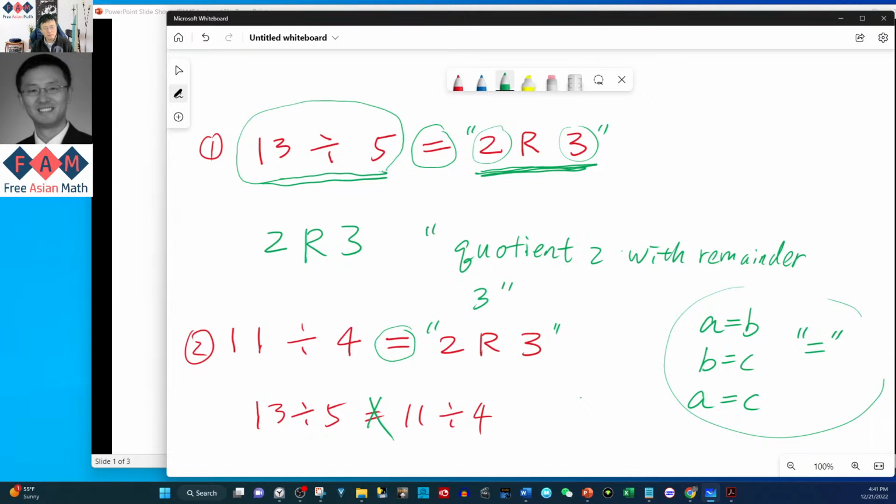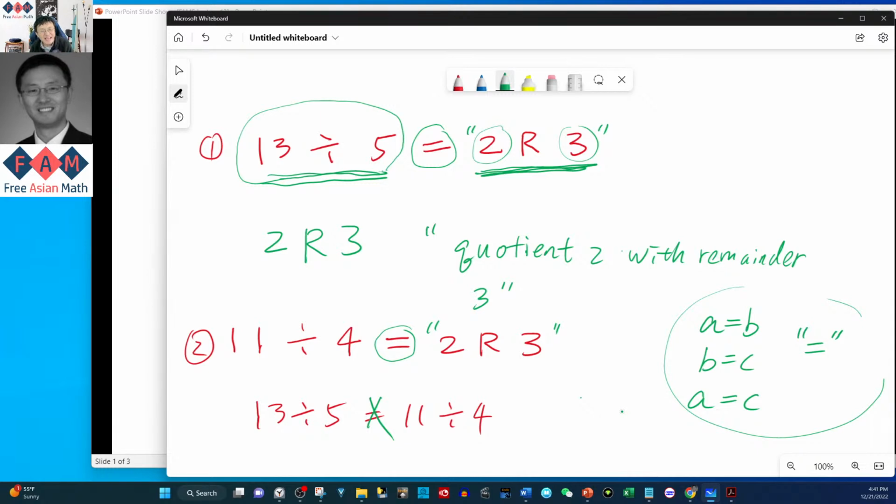Okay? So, in other words, what we want with this arithmetic operation 13 divided by 5, we want a number, a single result. While in reality, we put it as a combination of a quotient and a remainder.